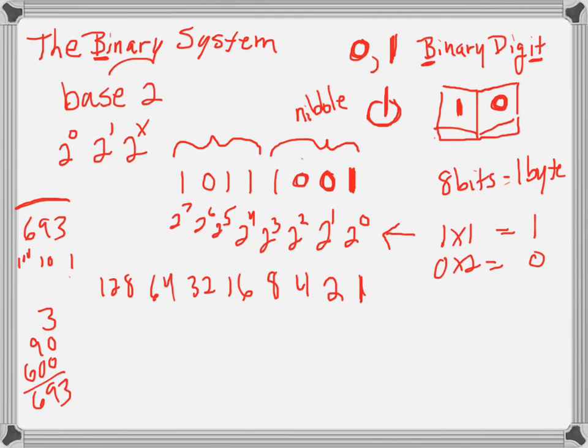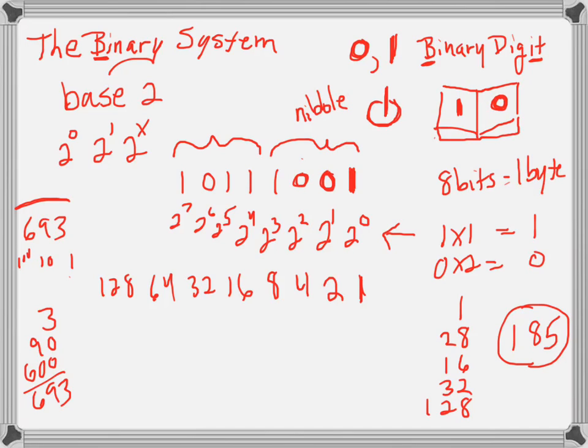So I have a 1 in the 1 spot, so I have 1. The 8 spot is turned on, so 8. I have the 16 spot turned on, so 16. I have the 32 spot turned on, 32, and I have the 128 spot turned on. So I can add those all up: 1 plus 8 is 9, plus 16 is 25, plus 32 is 57, plus 128 is 185.